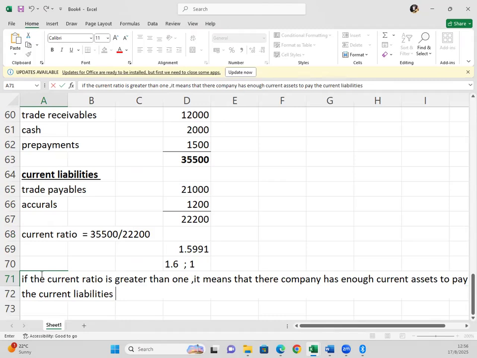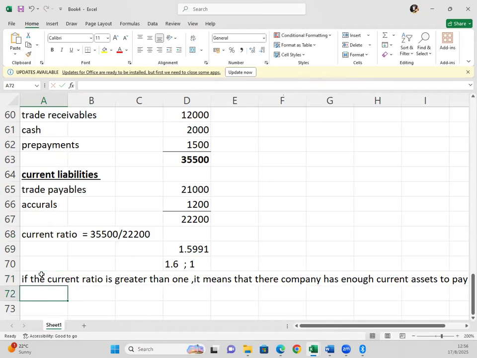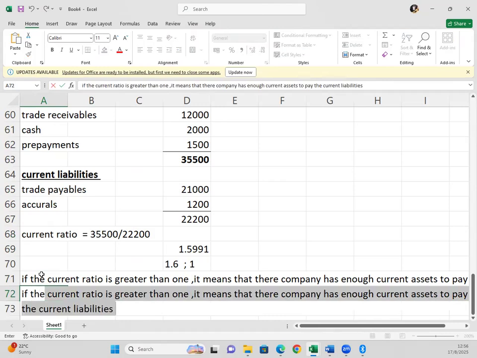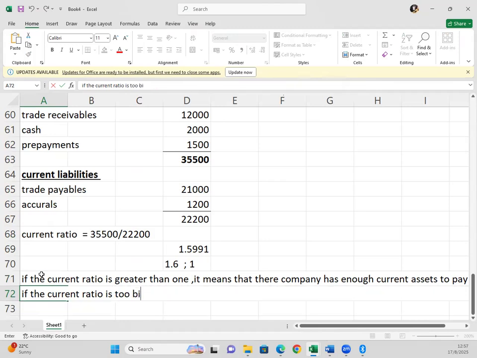However, if you're analyzing the performance, the ratio must not also be too big. If the current ratio is too big, that is greater than 2.5, it indicates poor working capital management.